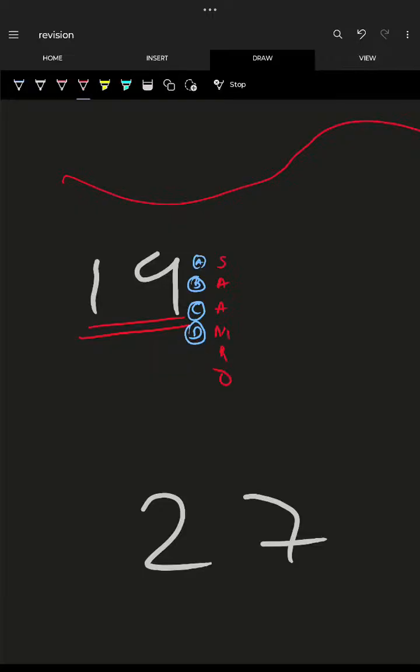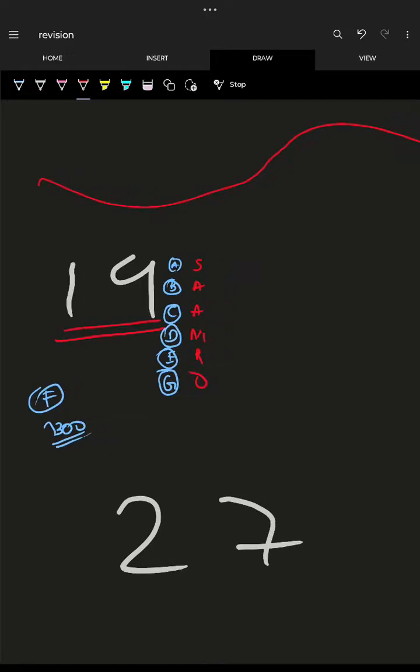M, R, O, E. F is on 300, which is property and stuff. E, F, G. So S is speech. On Article 19, you have freedom of speech.